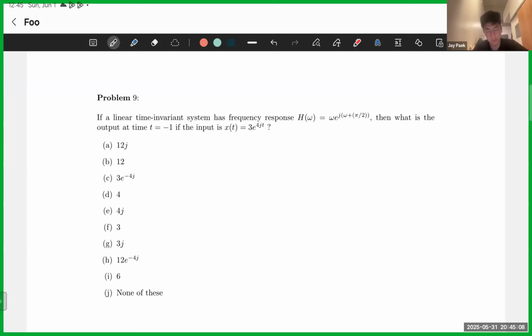You can do it in two different ways. One is to interpret it in the way where complex exponentials are eigenfunctions of LTI systems. So intuition one, or method one, is e to the j omega t is an eigenfunction.